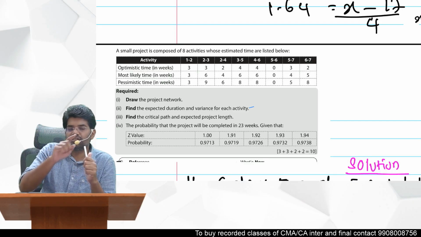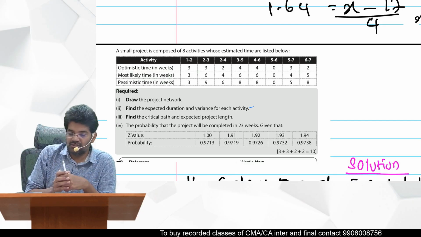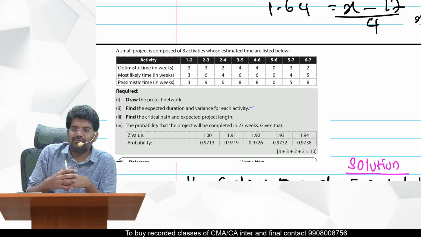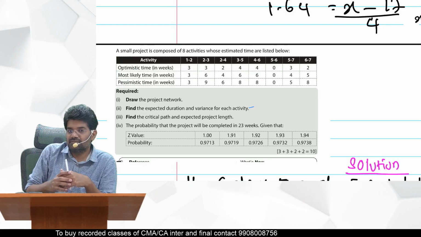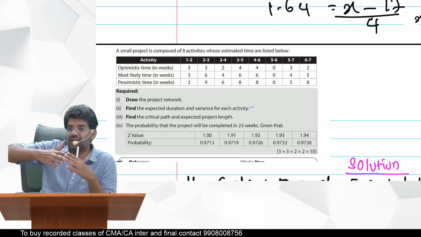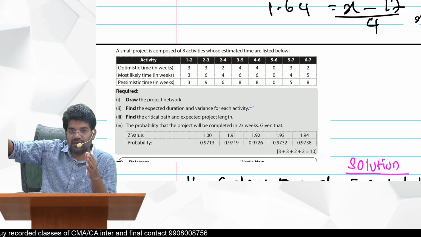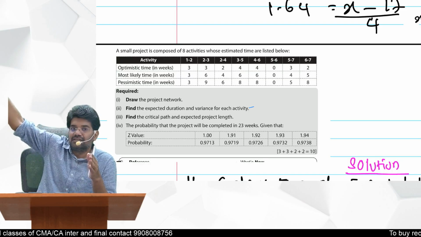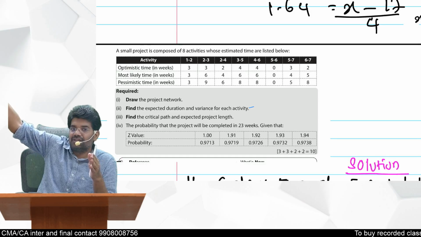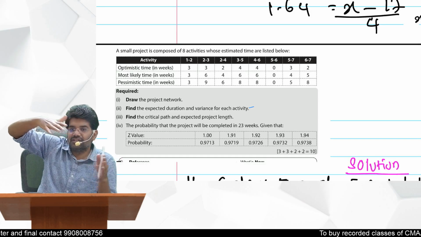First of all, the clarity you should have is that we calculate the probability of a range of data. Range means from positive infinity to X value, or from X to positive infinity, or X to negative infinity. This is called a range of data.